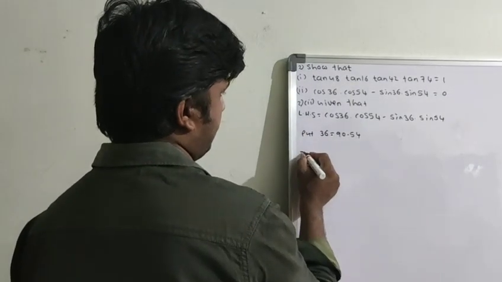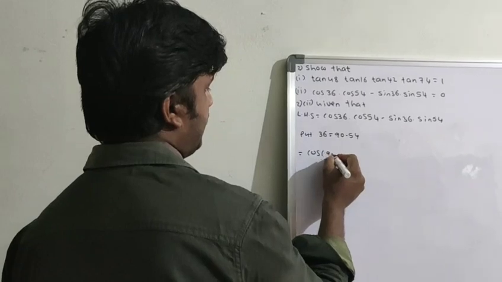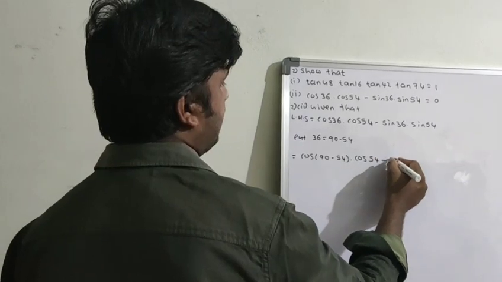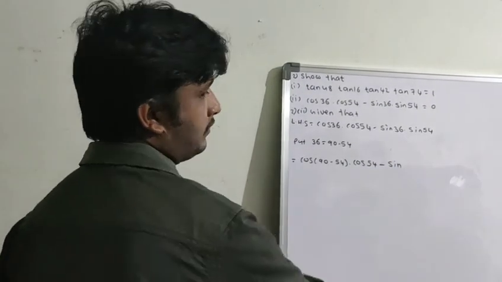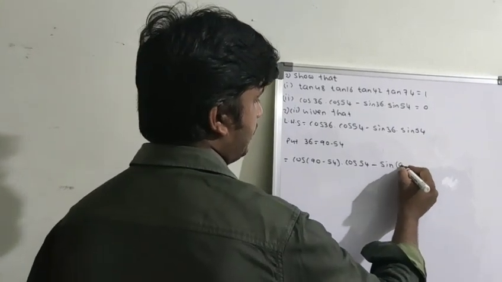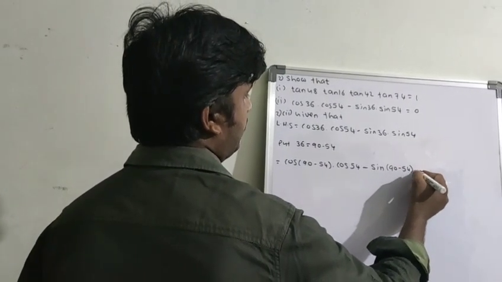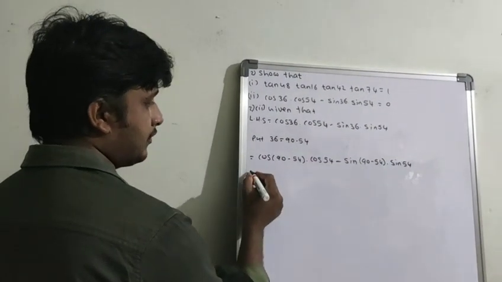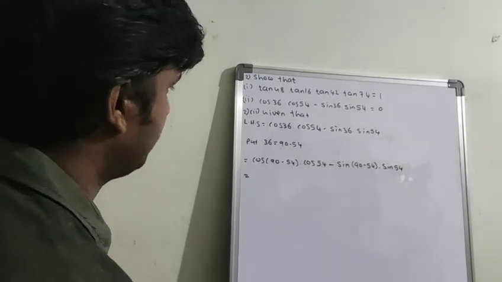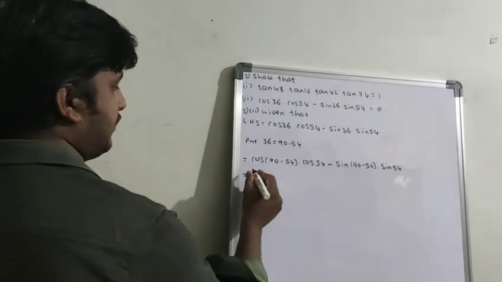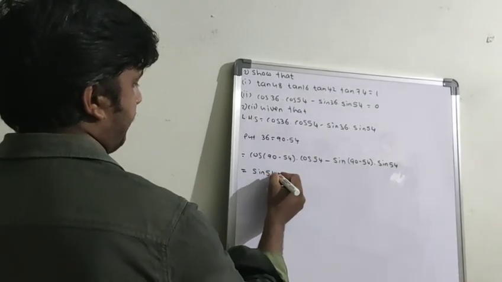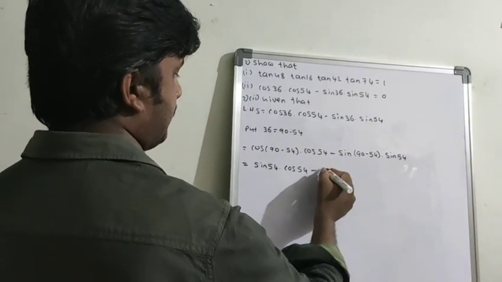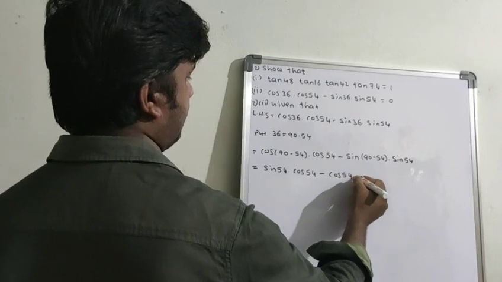So from this, cos 90 minus 54 into cos 54 minus sin 90 minus 54 into sin 54. So cos 90 minus 54 is sin 54 into cos 54, minus sin 90 minus 54 which is cos 54 into sin 54.